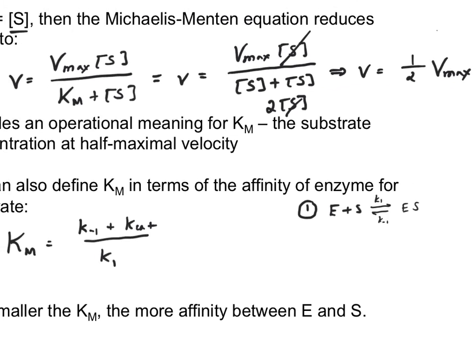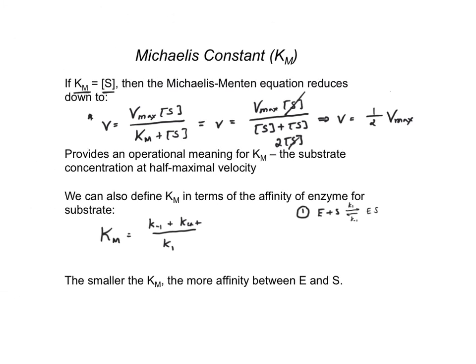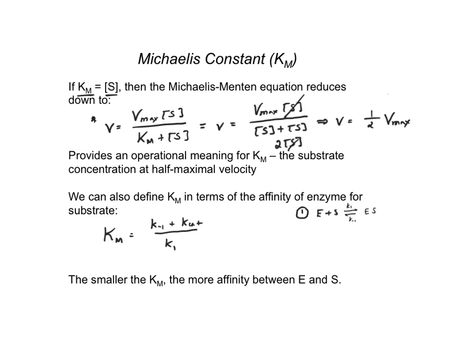So now, if we assume, which is kind of a good assumption to make sometimes, that Kcat is much, much less than K minus 1, then what is this reduced down to? If Kcat's really tiny and K minus 1 is really big comparatively, what is this definition of Km reduced down to?